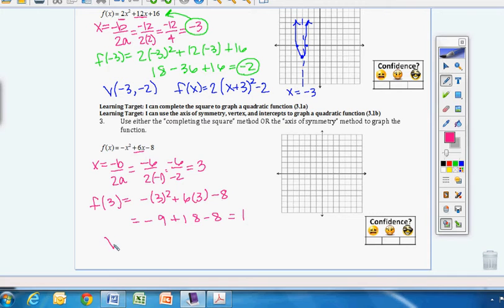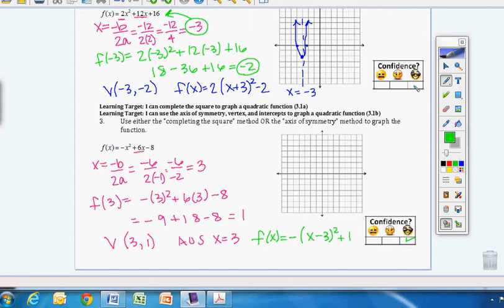So my vertex is going to be 3, 1. My axis of symmetry is going to be x equals 3. And for my vertex form, I will have f of x equals, my a value is going to stay the same, a negative, x minus 3, opposite, plus 1.